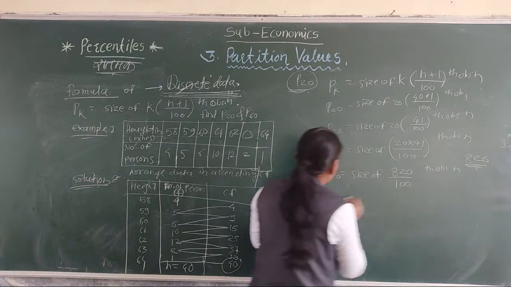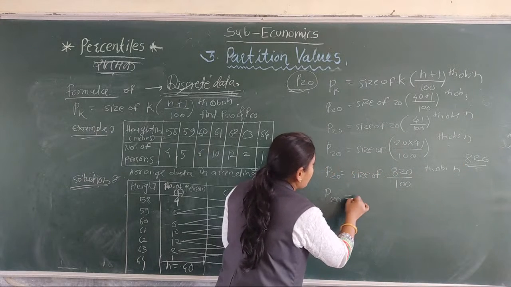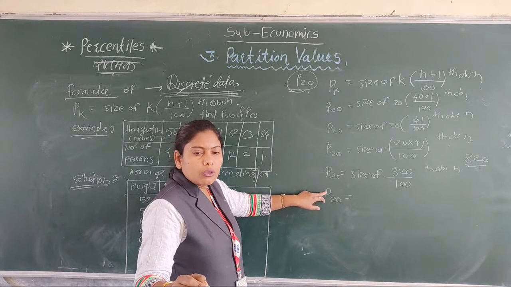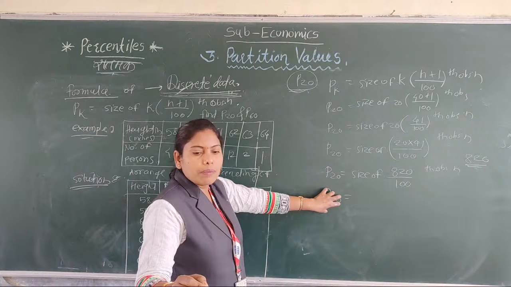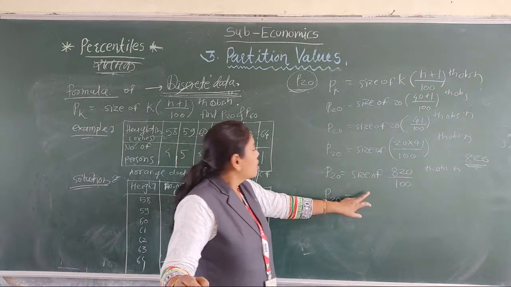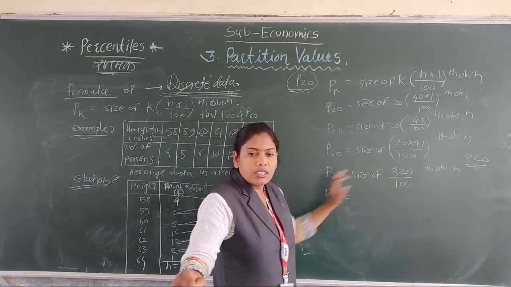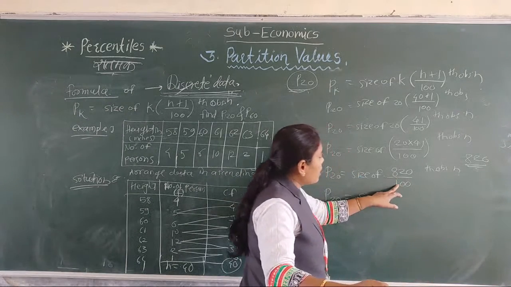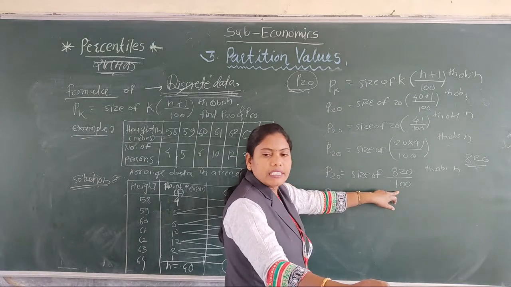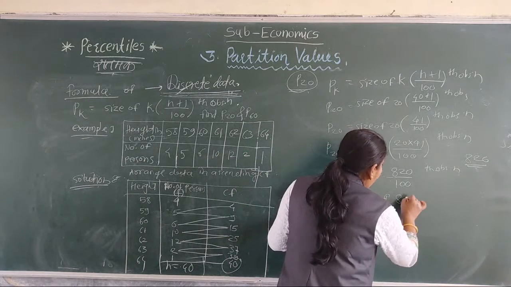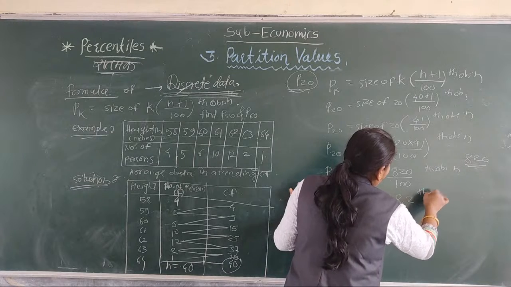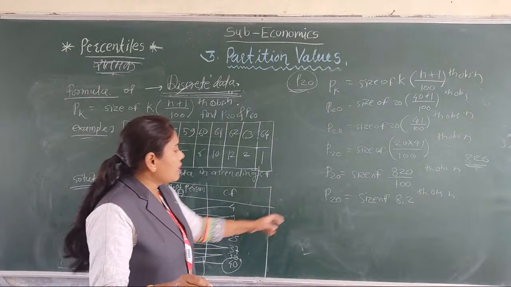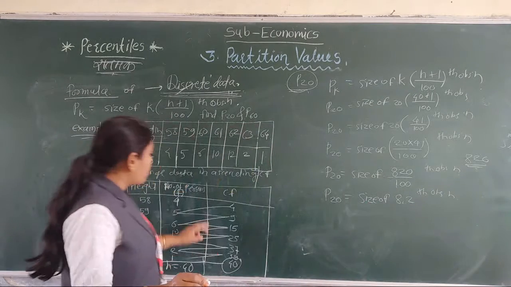This is a very important concept to calculate the size of 820 divided by 100. Its answer is 8.2 observation, and 8.2 observation in the series.